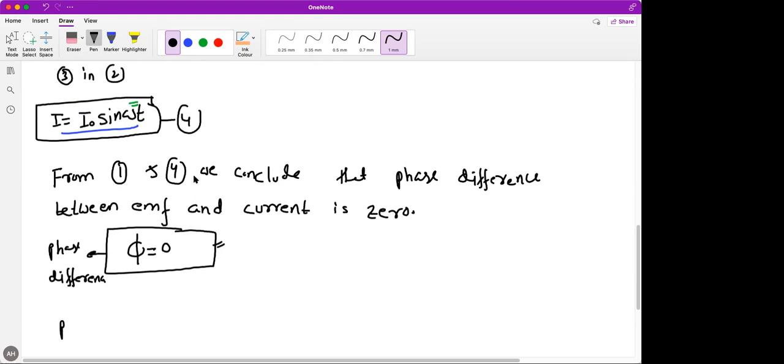See, if you can understand the first 3 circuits, the circuit having resistor only, circuit having capacitor only, and circuit having inductor only, then the entire AC is just the repetition.